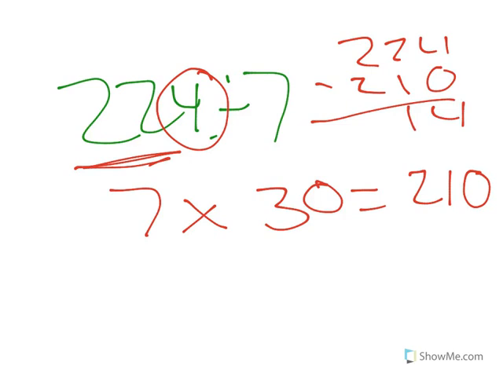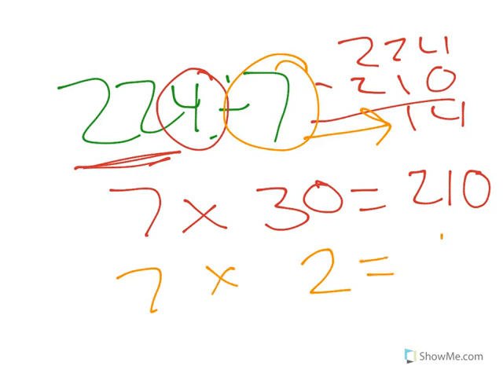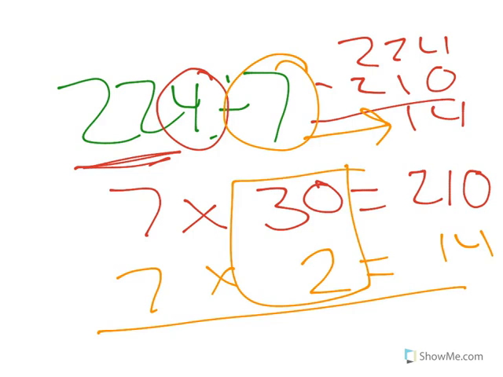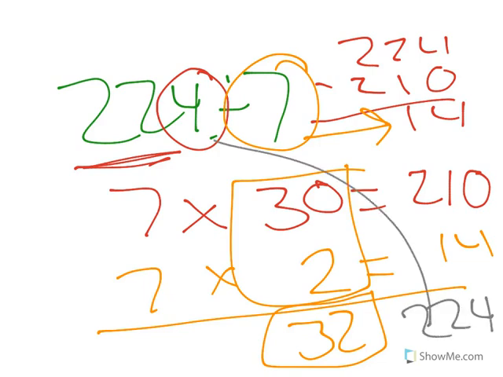So now really what I'm saying is 7 goes into 14 how many times? Good, 2, because 7 times 2 equals 14. I add these two numbers up and I get 32. That is my answer, but to make sure I'm correct, I'll add these, and I get 224, which matches my dividend. This is all we're doing for today's lesson, the distributive property.